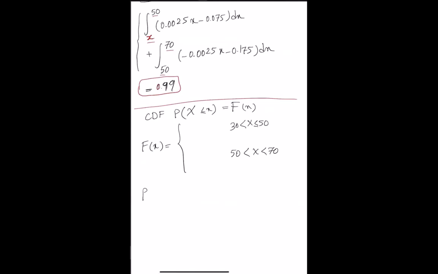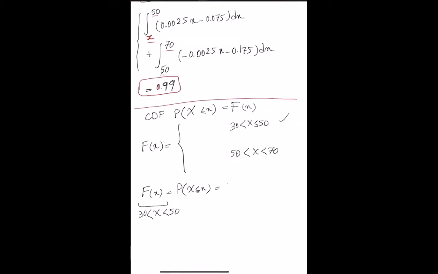So I want to calculate F of x, or probability of X less than or equal to x, when x is between 30 to 50 for the first range.